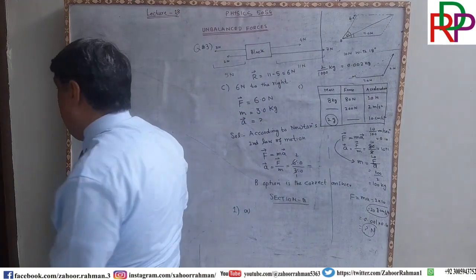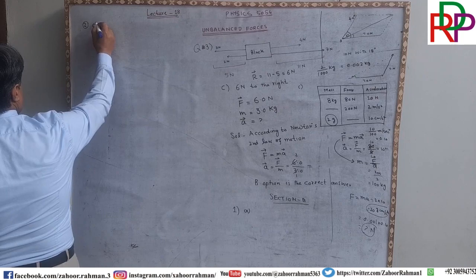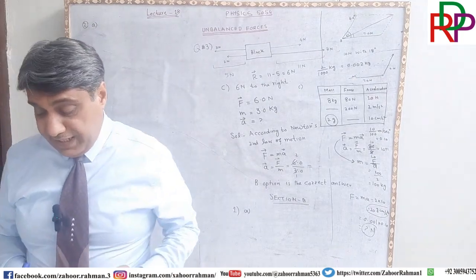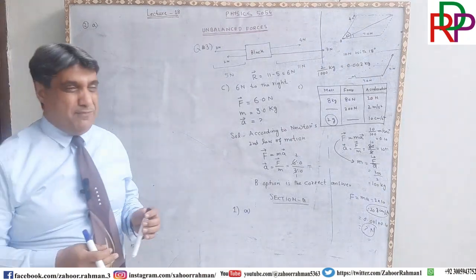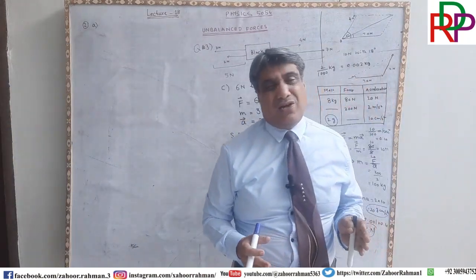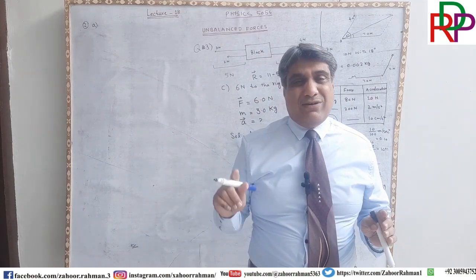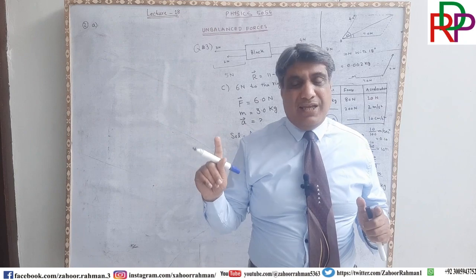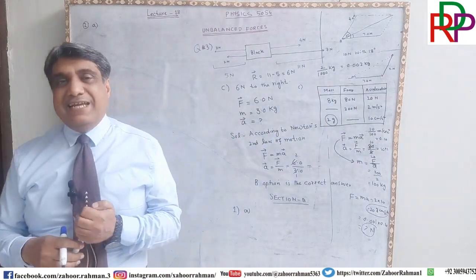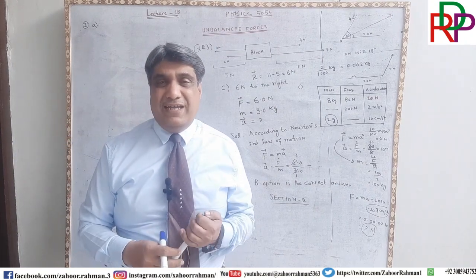Let us move our focus to question number 2, part A. It is saying name the SI unit of force. Ladies and gentlemen, you have to take a closer look at the question. They are saying only name it, but if the question was asking to define it, then you had to define it.